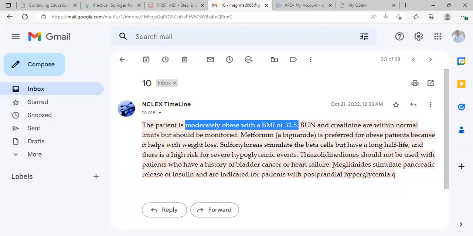Another drug is called meglitinide, which stimulates the pancreatic release of insulin and is indicated for patients with postprandial hyperglycemia. That means after eating, your blood sugar goes up, and at that time meglitinide is good. But the best medication for diabetes in obesity is metformin.